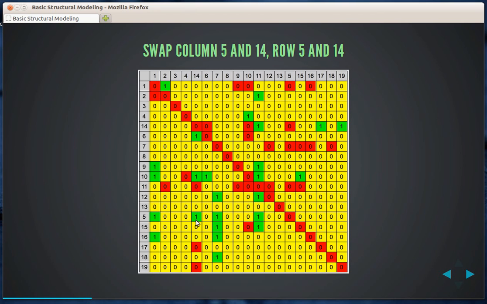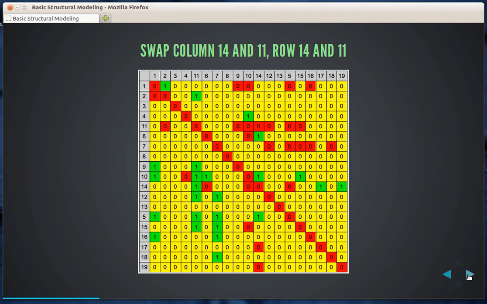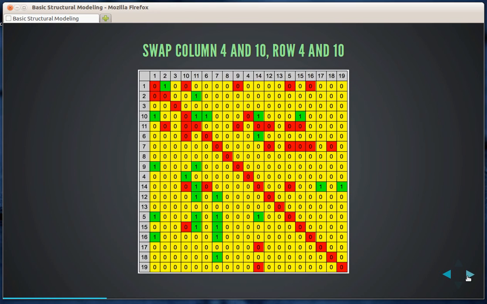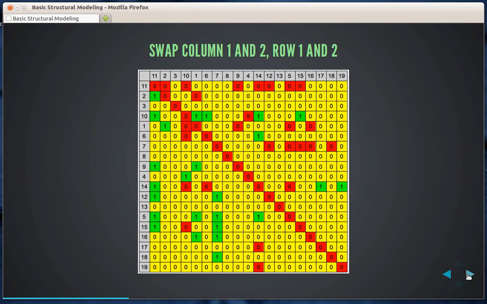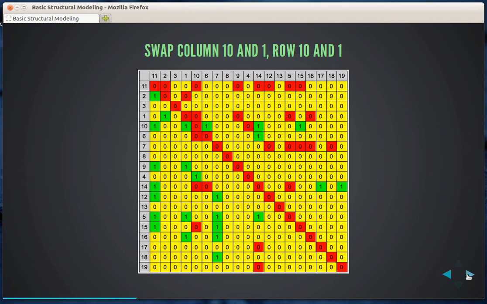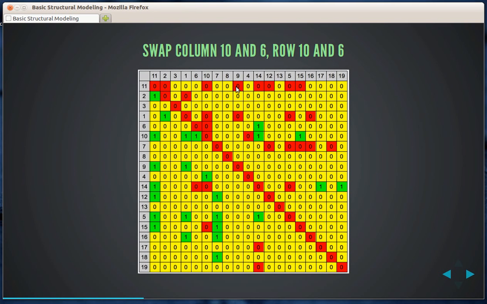I'm going to go ahead now and just quickly walk through these so you can see the process. You see that all the red ones are up at the top. Now we're moving down and we're moving the green ones to the bottom, to the lower triangular.